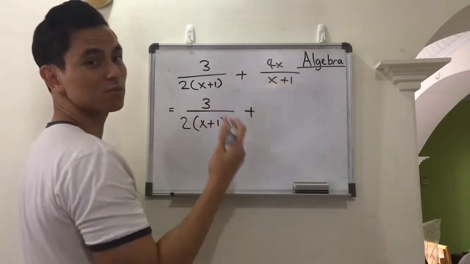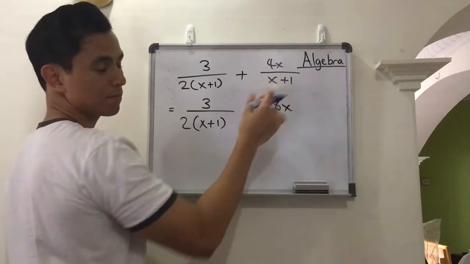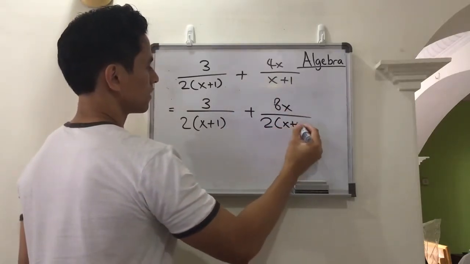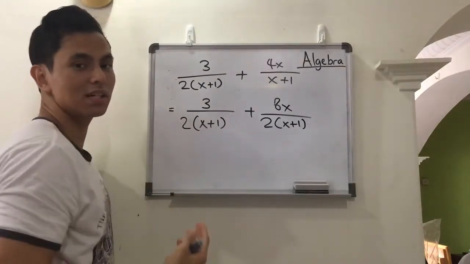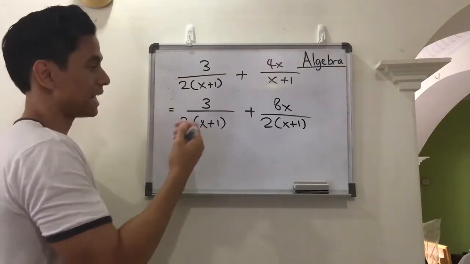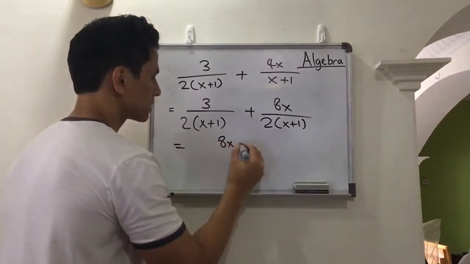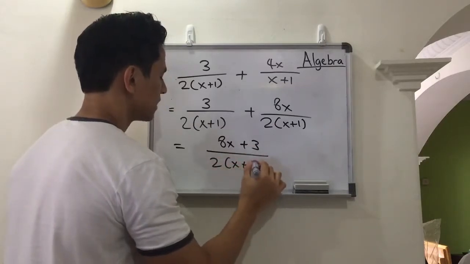So 4x times 2 gives me 8x. And x plus 1, the whole thing, multiplied by 2, gives me 2x plus 2. Therefore, now we have the same denominator. I'm just going to go ahead straight away and add them up. And let's see what we get. We get 8x plus 3 over 2x plus 1.